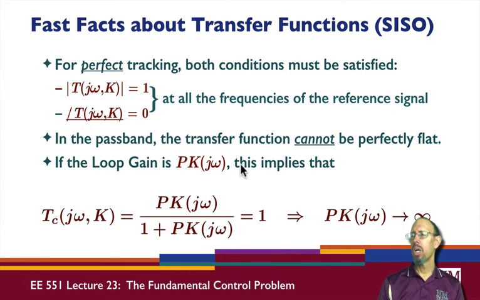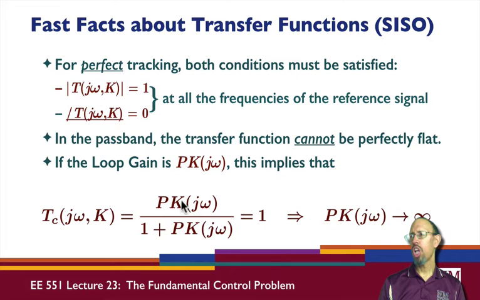So what does this mean? Well, if we look at the closed loop transfer function, for this to have magnitude 1, notice that P, K and j omega are the same terms.